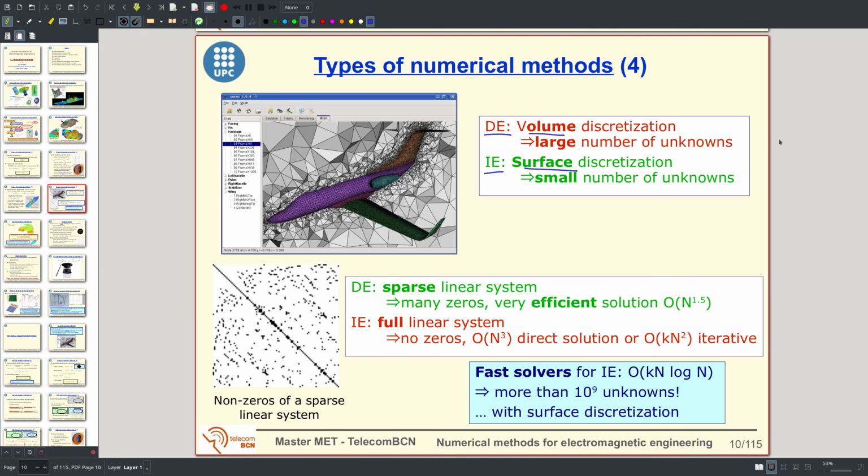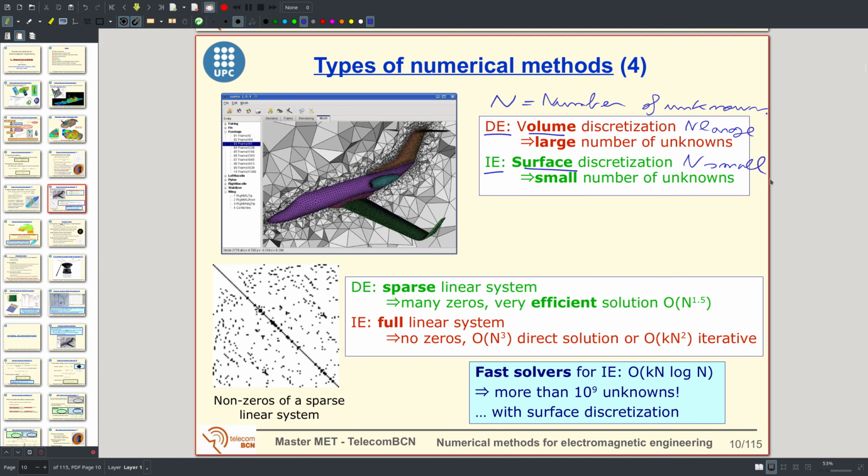This means that the number of unknowns, we usually call it n, the number n is the number of unknowns. If n is the number of unknowns, then we have here n large for differential equation methods and n small for integral equation methods.